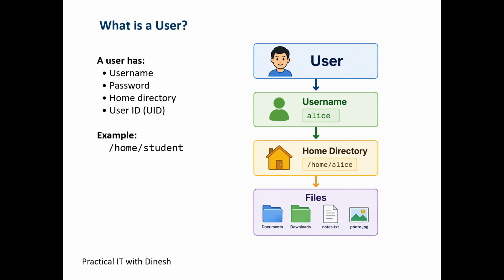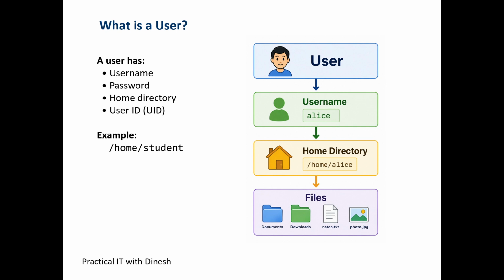Every user account in Linux has four important pieces of information. Username. This is the name used to log in. Password. It is used to verify your identity. Home directory.